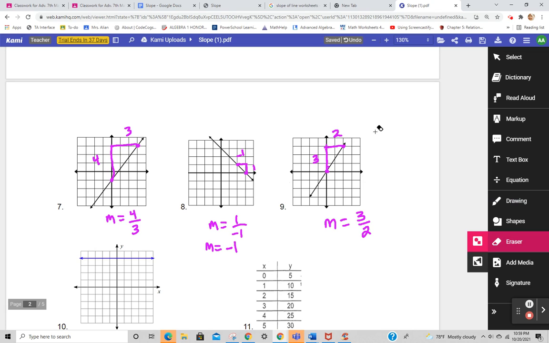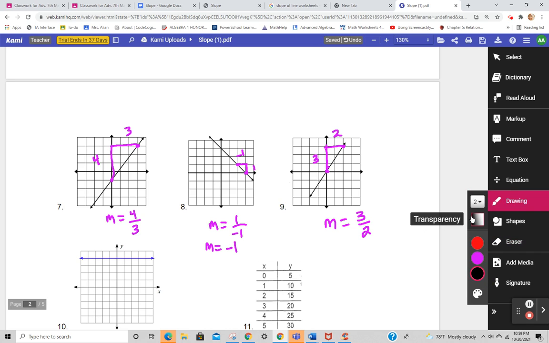What would you say if I asked that? Can this be the graph of a proportional relationship? And if you said yes, you are right. Because remember, the graph of a proportional relationship is a straight line that goes through 0, 0, and this one meets that definition.